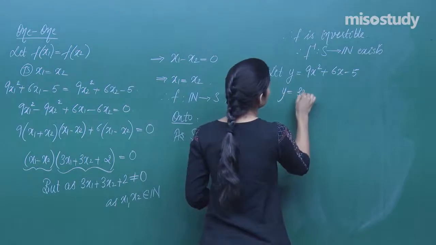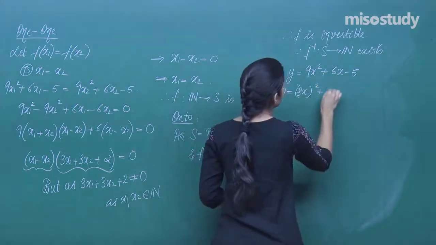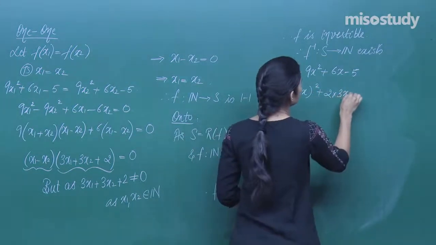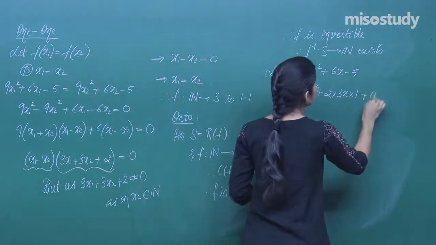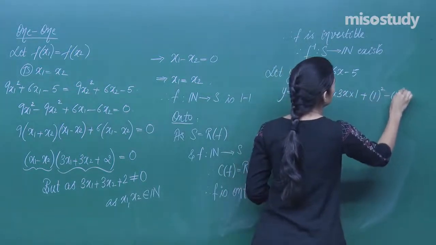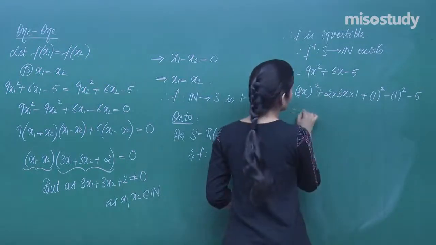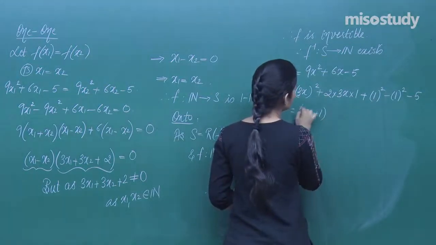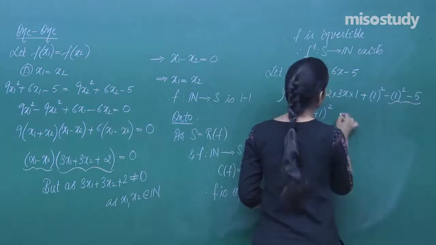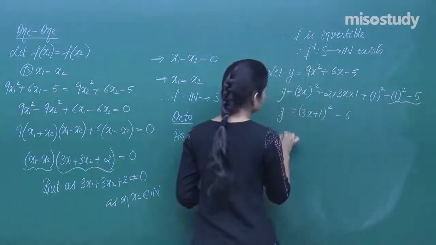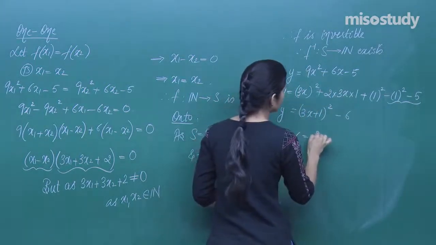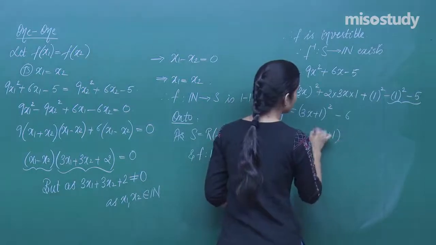This can be written as (3x) whole square plus 2 into 3x into 1 plus 1 square minus 1 square minus 5. I am just trying to complete the square. This is (3x plus 1) whole square minus 1 minus 5, which is minus 6. So y plus 6 equals (3x plus 1) whole square.